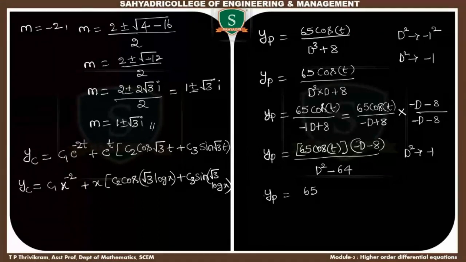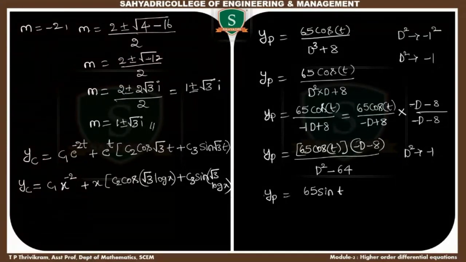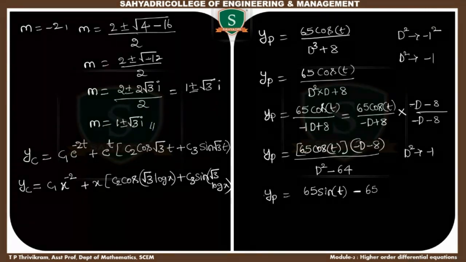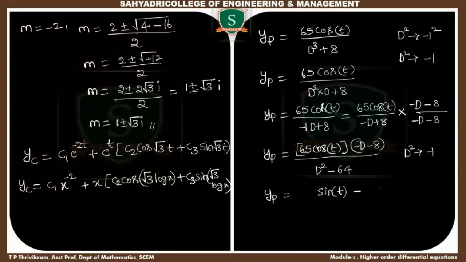Again here minus is there, so we'll get plus sin t. Next, minus 65 into 8. Better I'll take 65 common, outside, and only cos t I'll send inside.